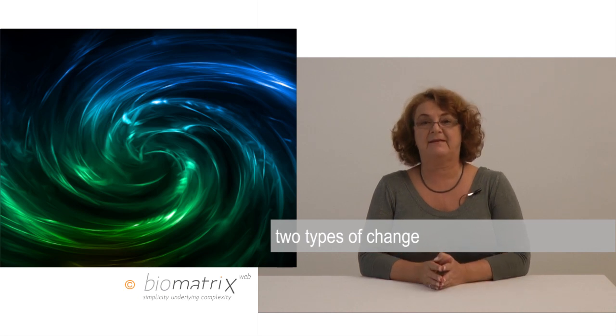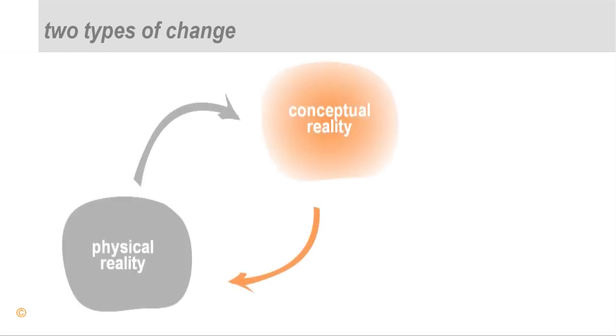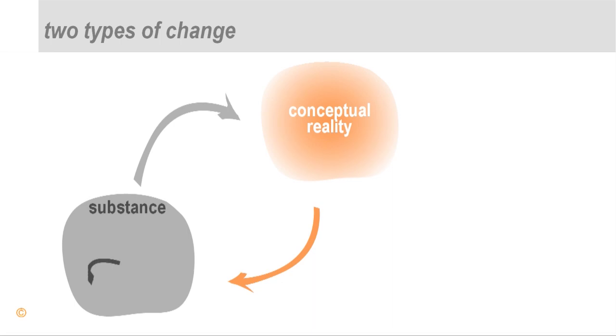If you're looking at the two types of change in a different way, from the perspective of physical and conceptual reality, then we can see that the counterclockwise change is entrenched in the current conceptual reality of the system, and it manifests practically in the way the system is organized and functions currently.